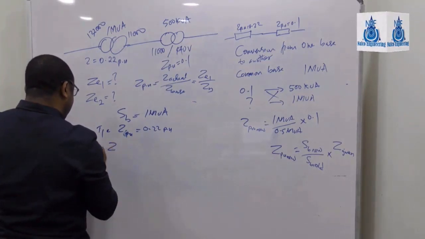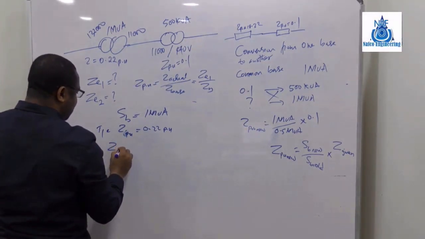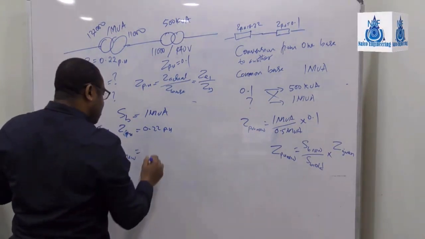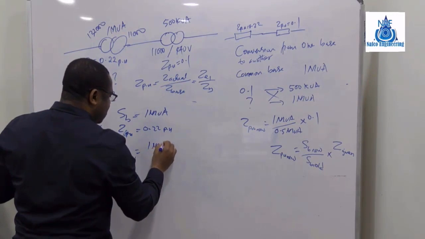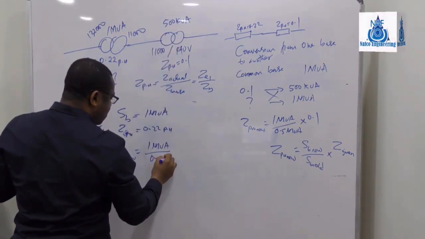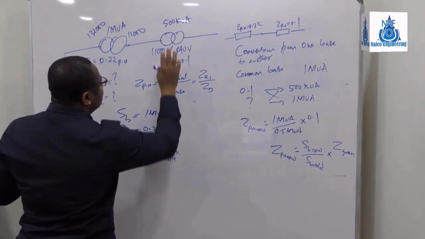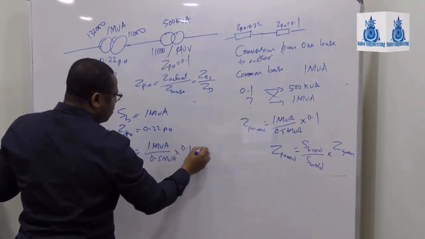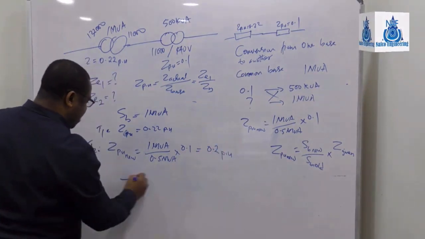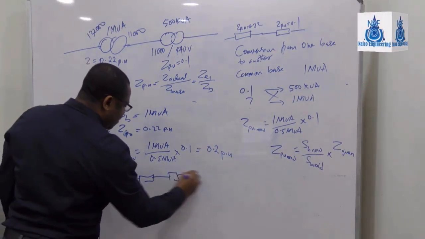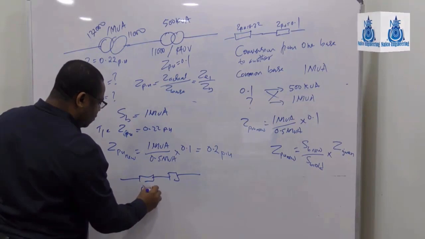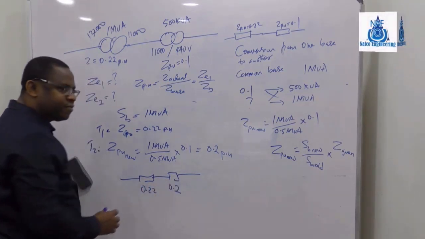And then the Z for transformer 2, Z per unit new, will be 1 MVA over 0.5 MVA times what is given, 0.1, which gives 0.2 in per unit. So you can now represent these two transformers easily and solve anything that you want. Here is 0.22 and here is 0.2.